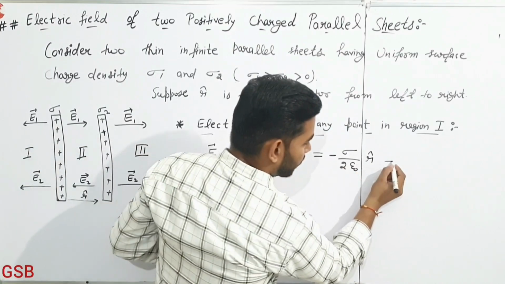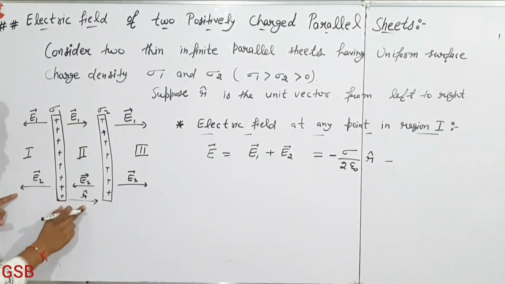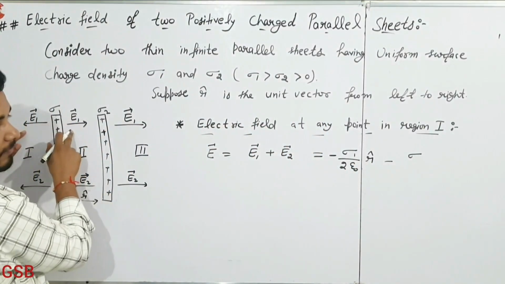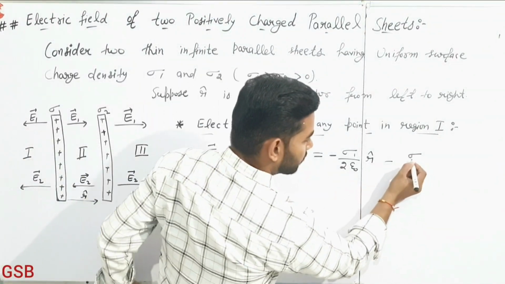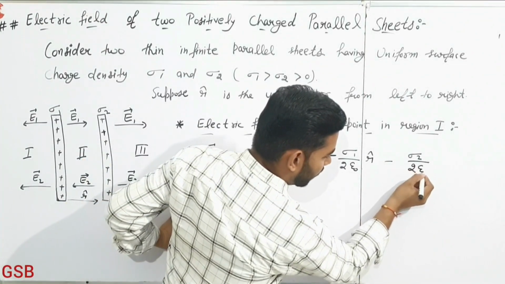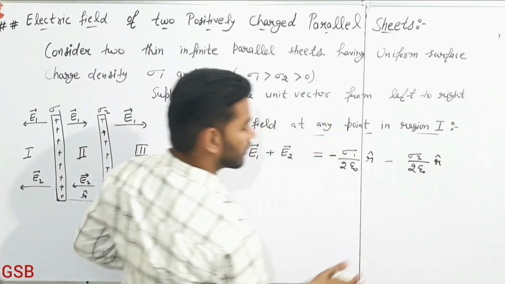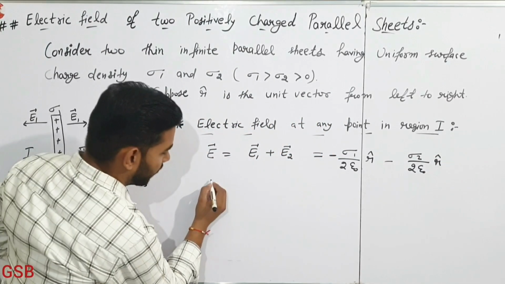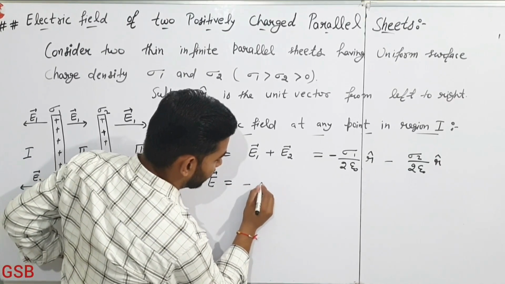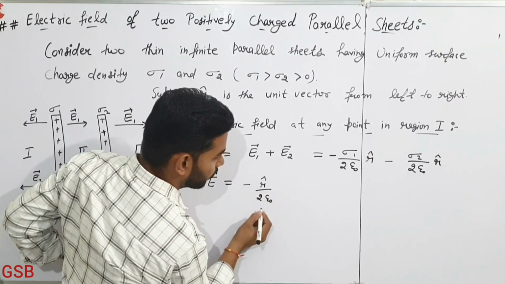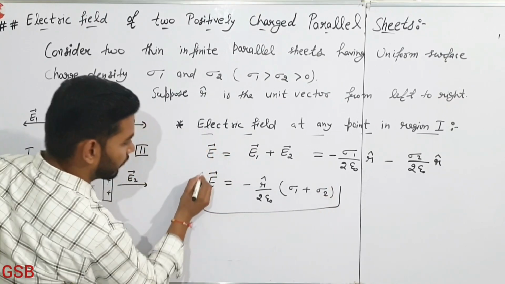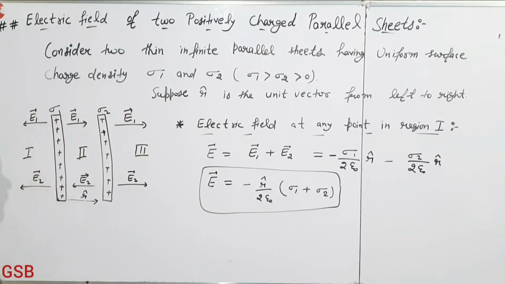Similarly, E2 is also opposite to unit vector R, so we write minus sigma 2 by 2 epsilon naught R cap. So we write E is equal to minus R cap by 2 epsilon naught times sigma 1 plus sigma 2. This is the resultant electric field in region first.